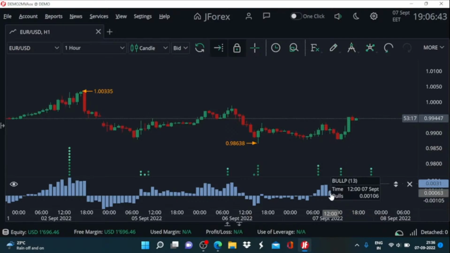So when the bull power indicator plots are on the rise, if these bars are on the rise, then that is considered as a sign of bulls gaining strength, and this is the time to look for fresh entry for profiting from this resurgence of the bulls.